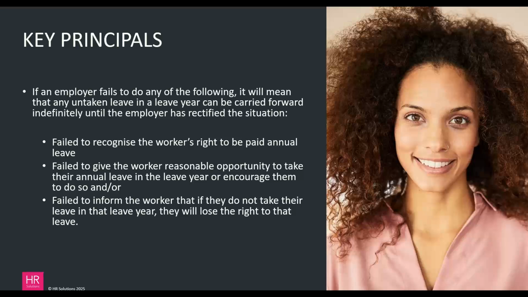So as part of the reforms last year, if an employer fails to recognise the worker's right to paid leave, or if the employer fails to provide the worker reasonable opportunity to take their leave in the leave year, or fails to encourage them to do so, or even fails to inform the worker that if they don't take their leave in the leave year, they'll lose it, it means the worker will now have the legal right to carry forward indefinitely until the employer has rectified the situation.